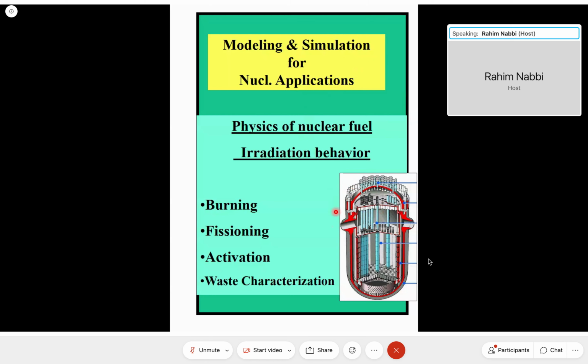So again, the processes are burning or fissioning, or activation, because we have a neutron population inside or around the reactor, and any material existing inside the reactor would be irradiated and nuclear activation processes would take place. As a result, you have activation products with different half-lives, different decay characteristics, emissions, and so on.